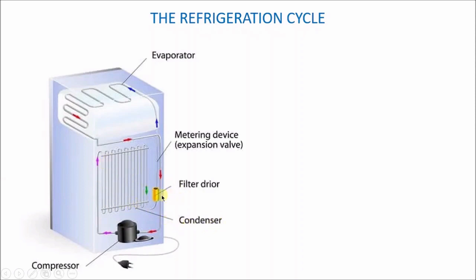Then you also have a filter, which is not really going to be of importance to us in our calculations or in solving problems on refrigeration. But it's important to know that in a refrigerator, one of the components is also the filter. It's immediately after the condenser.